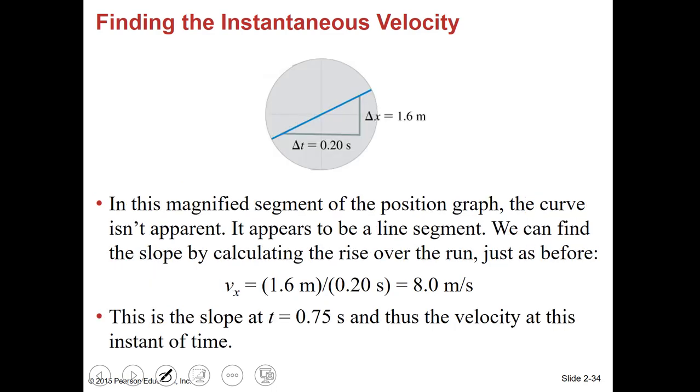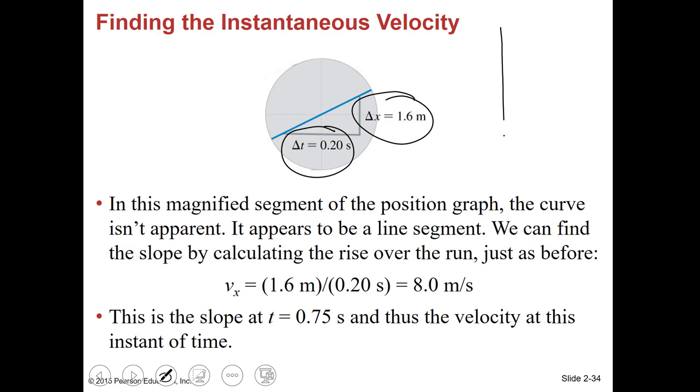Around 0.75 seconds, delta x is 1.6 and delta t is 0.2. So right around that point, when you make the time increment smaller and smaller and smaller, then you approach its actual instantaneous velocity.